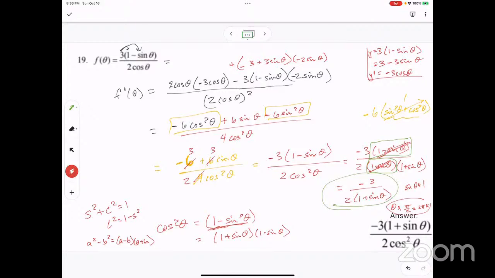You can see it here too. I'm not allowed to plug in anything where the cosine is 0. And where's the cosine 0? The cosine is 0 at pi over 2 and anywhere 360 degrees from that. Got it. All right.